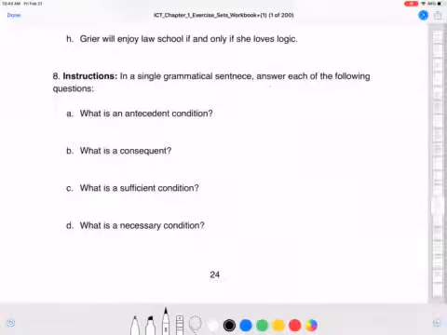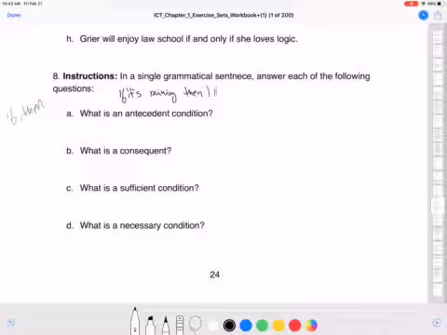Material conditional sentences are typically written in the form of an if-then sentence. When you have an if-then sentence, that's typically introducing a material conditional. A pretty straightforward example is: if it's raining, then I'll wear boots.